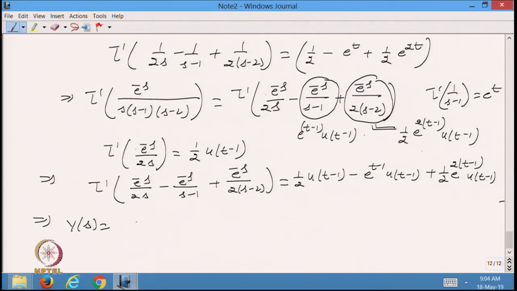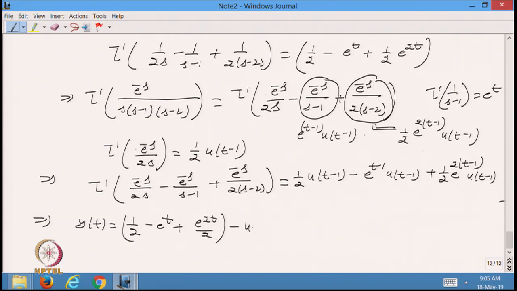Y(s) is equal to the factor we have taken. Now, I want to find the f(t). So, the solution in that case will be y(t). I can write my factor now: half minus e^t plus e^(2t) by 2, and then the inverse.